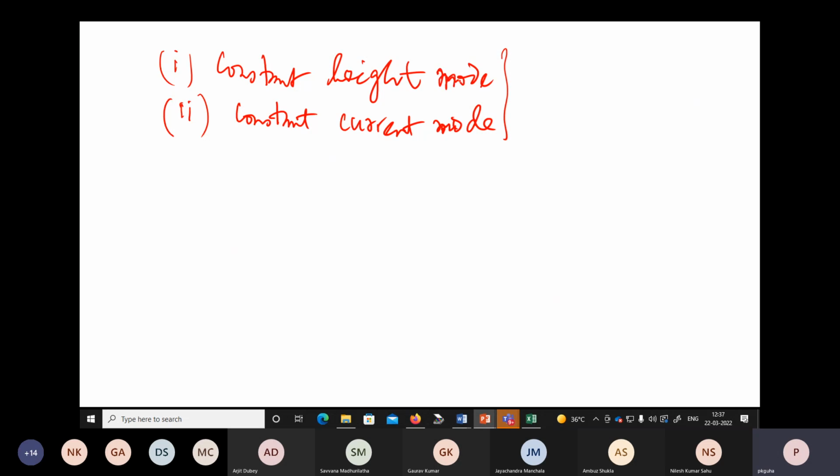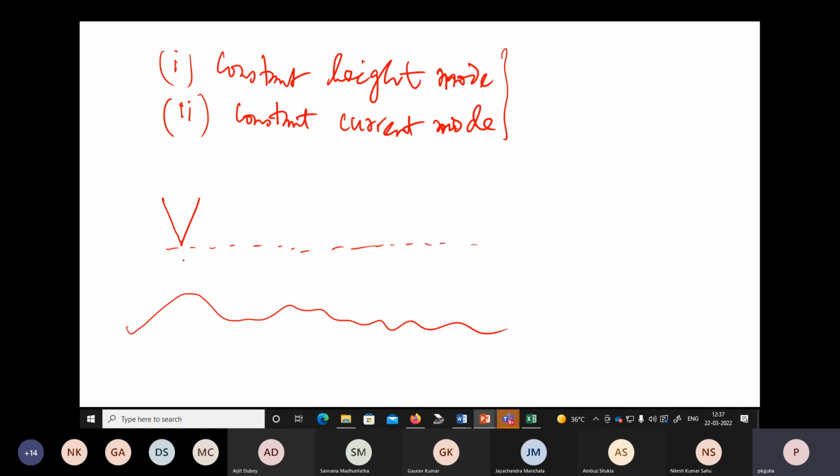So what is constant height mode? In constant height mode, you have your nanostructure and you have the tip. You will not change the height of the tip. You keep the height of the tip the same.